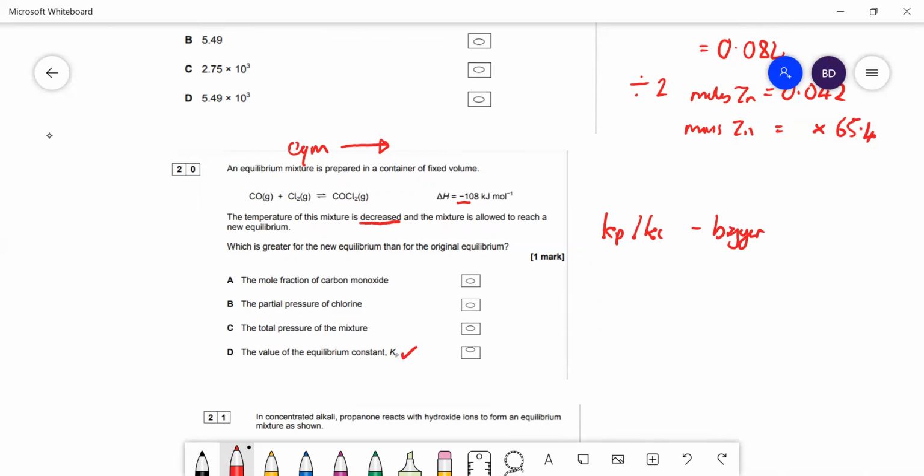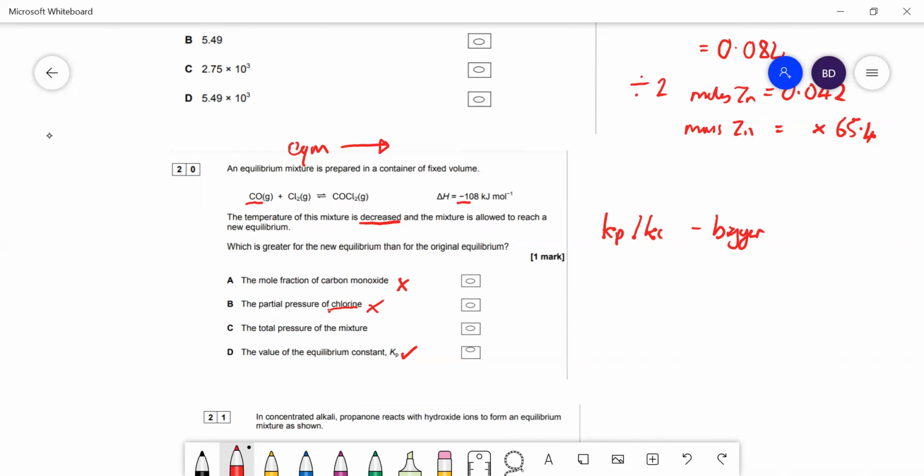Let's double check, make sure the other ones are not possible. The mole fraction of carbon monoxide won't get bigger. You'll get less carbon monoxide because that's a reactant and it's going to go forwards. Partial pressure of chlorine, again, will drop because the reaction is going to go forwards. It's not that one. The total pressure of the mixture is going to go down for 2 reasons.